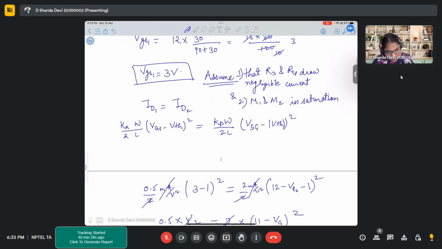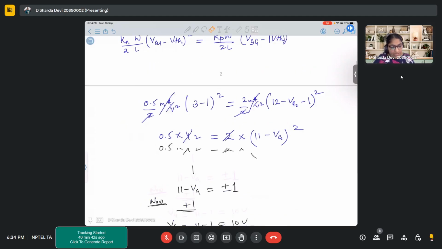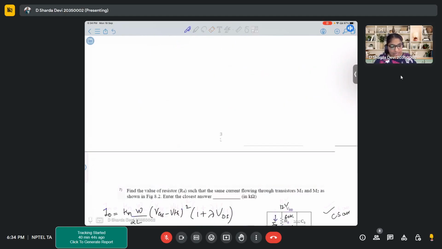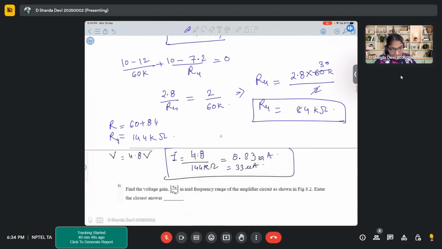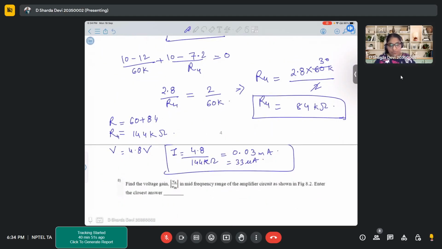Let's see, from the simple calculation only, we will also get the value. It is 0.5 into, right? So 1 milliampere, around. The current through the transistor is around 1 milliampere, whereas it is around 33 microamperes.